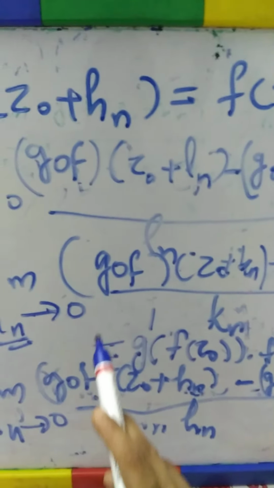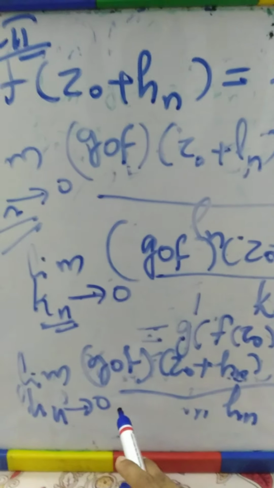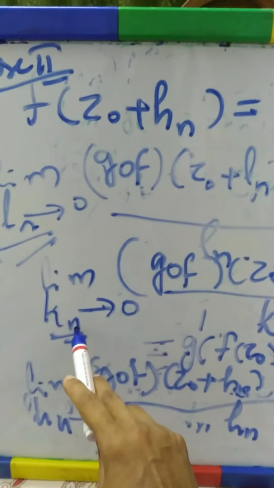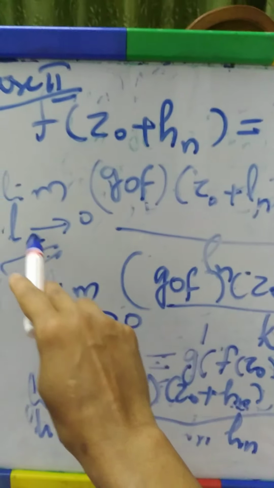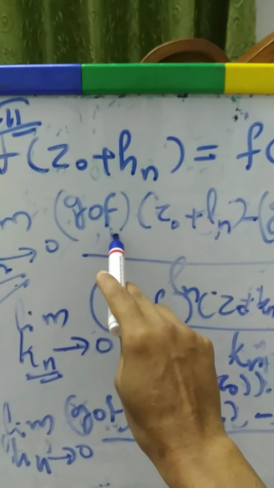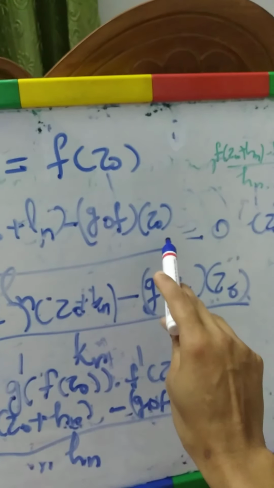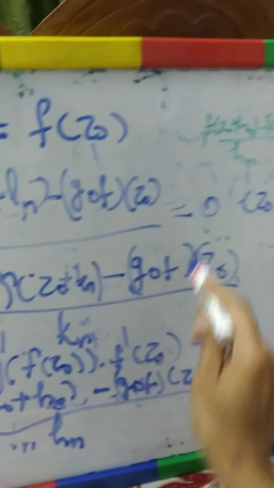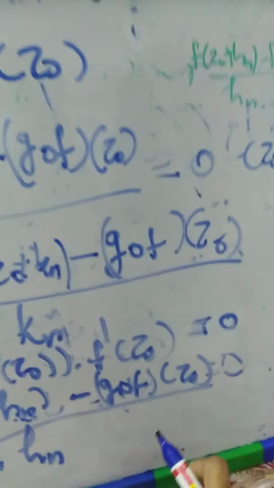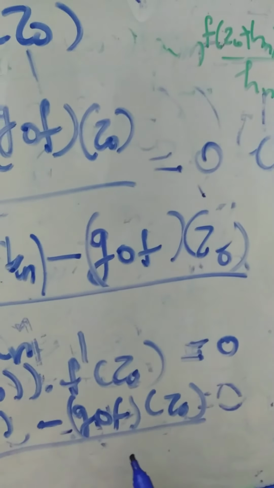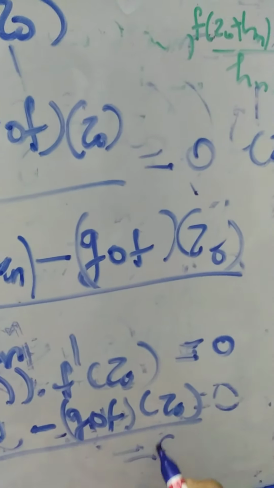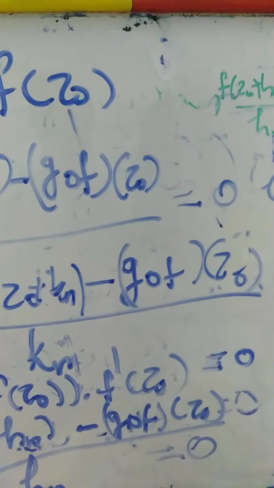Or otherwise you can say that this limit must be equal to 0, since Hn is the union of two sequences, sequence kn and sequence ln, and the limit as ln tends to 0 of G composition f of z naught plus ln minus G composition f of z naught is equal to 0. This limit must be equal to 0.